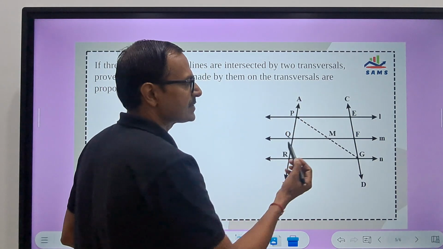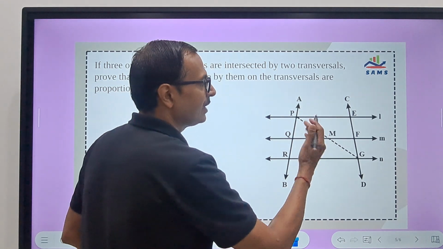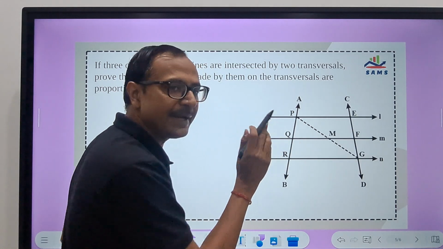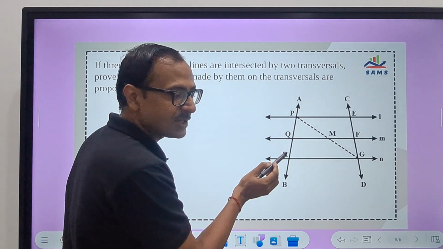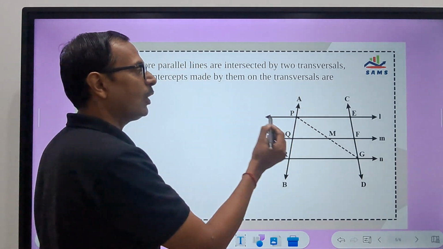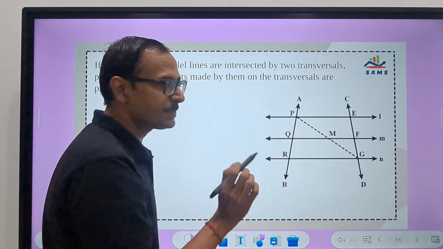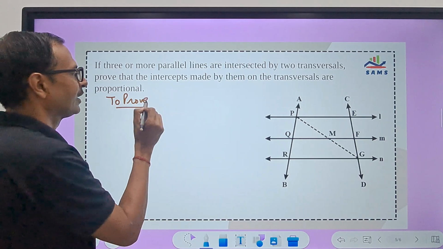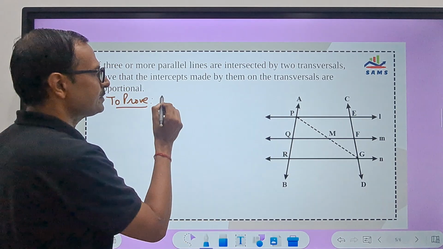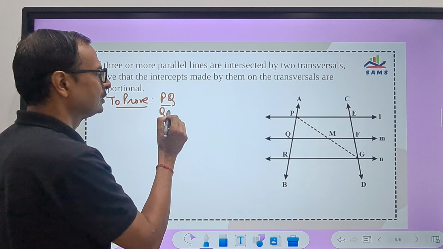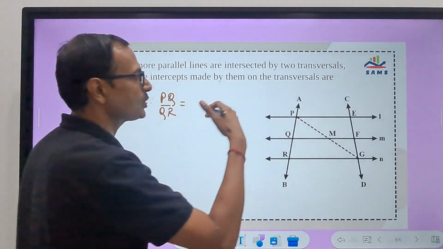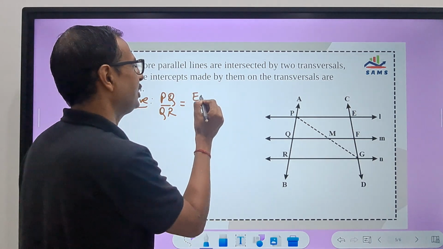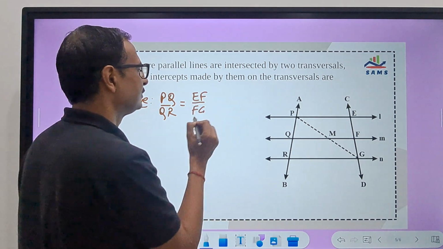If this is the transversal, what is the portion of the transversal between the two parallel lines? It is PQ, that is called intercept. Here it is QR. So the ratio of PQ and QR, the two intercepts, so what is to be proven here? Let's write to prove. The ratio of these two intercepts PQ and QR is equal to the ratio of intercepts on the other transversal EF and FG. Now we need to prove this.